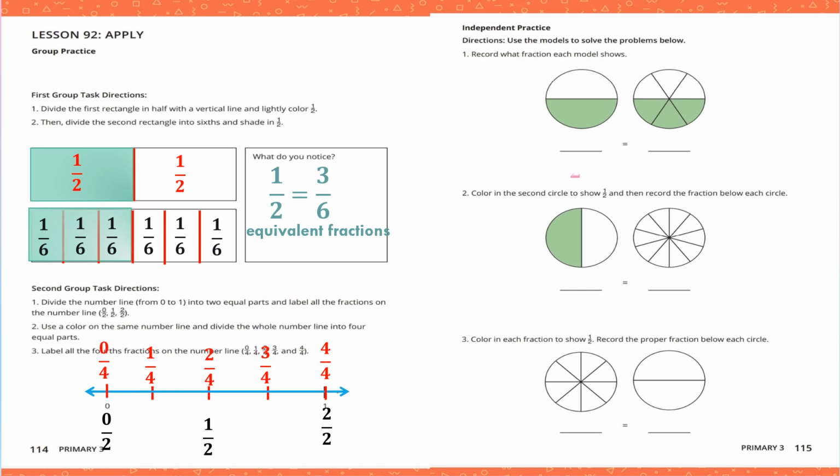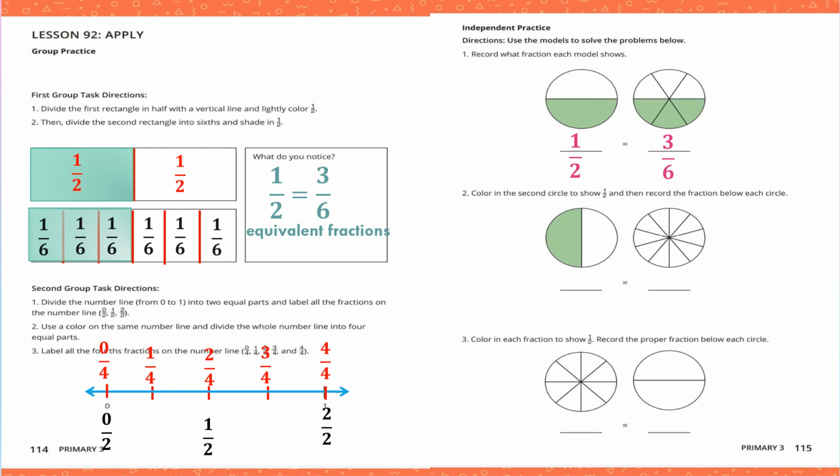So the fraction will be 1/2, 1 over 2. The second shape, I have 3 colored parts and the total 6. 3 over 6. 1 over 2 equals 3 over 6. They are equivalent fractions. When we multiply 1 by 3 equals 3 and 2 by 3 equals 6.